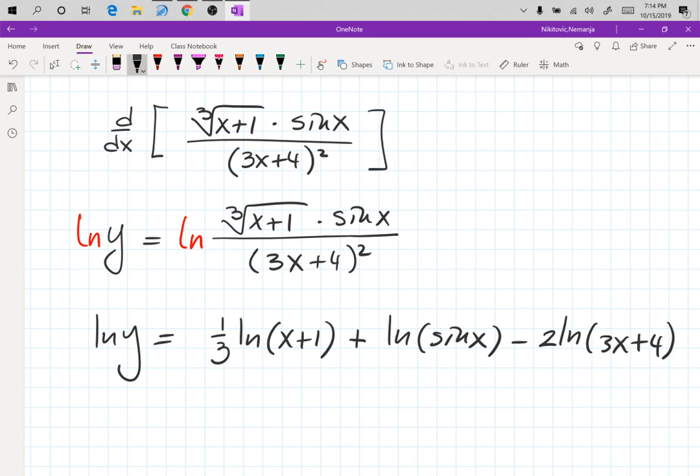All of these that are multiplied on top break down as addition, so you see a plus in between the cube term and the sine. If something is in the denominator, like this y is in the denominator, over there it will be subtracted. So ln x minus ln y, you see that the 3x plus 4 squared term was in the denominator, so now it's minus exponent of 2. The exponent of cube root, which is 1/3, is taken care of by the third rule, which is the exponent p, which gets dropped in front of ln.